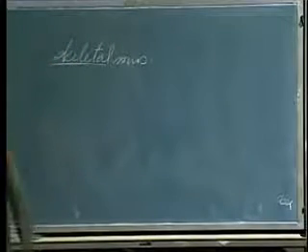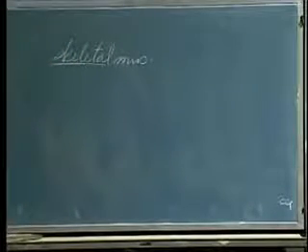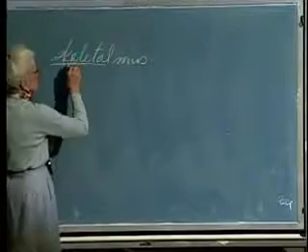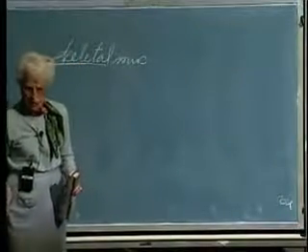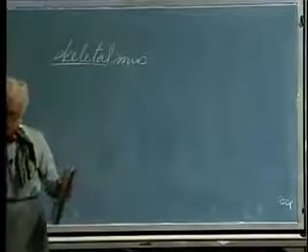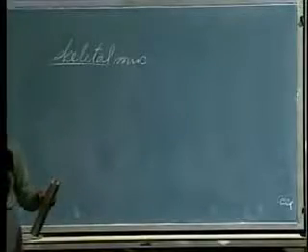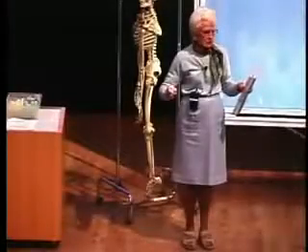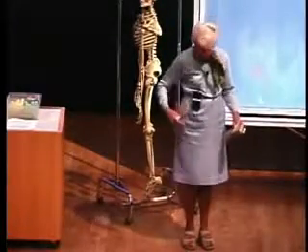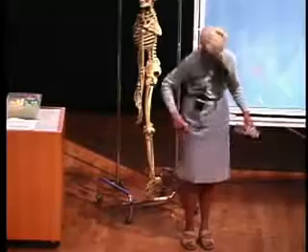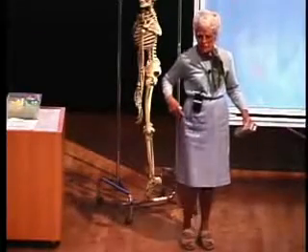So we've already studied skeletal muscle. We know its shape, we know its size, we know its location, and now we want to see how it's built. What's the longest skeletal muscle cell in your body? Sartorius, right?